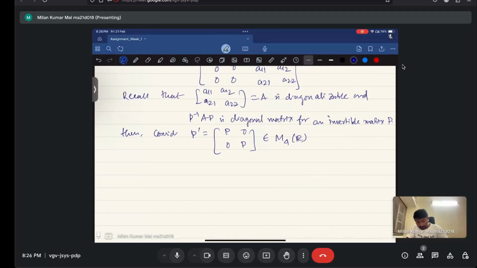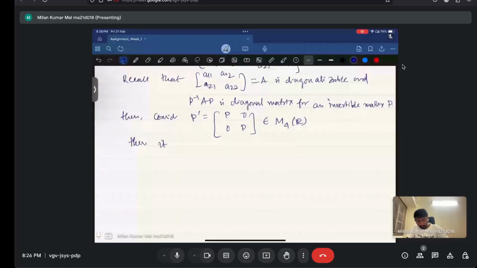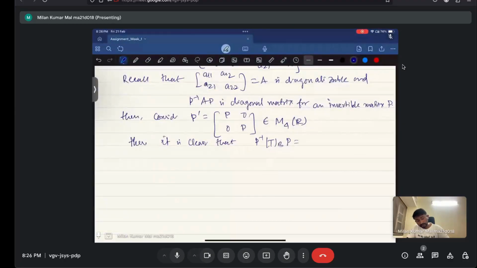Then it is clear that P inverse TP is equal to P inverse AP 0 0 P inverse AP, which is diagonal.